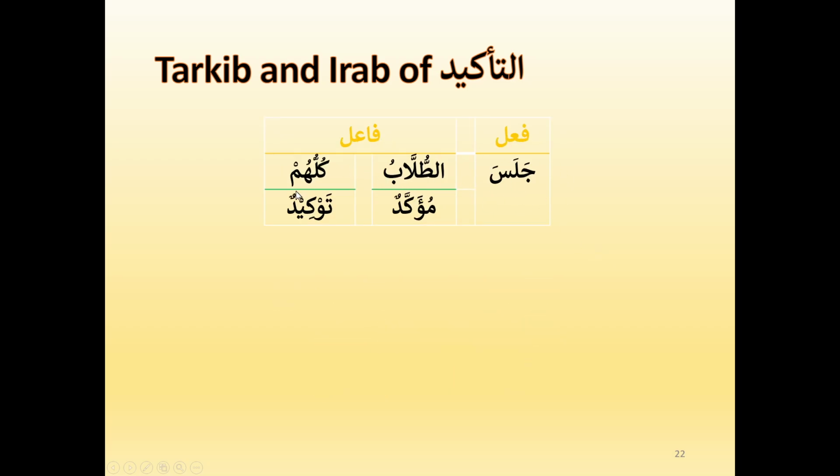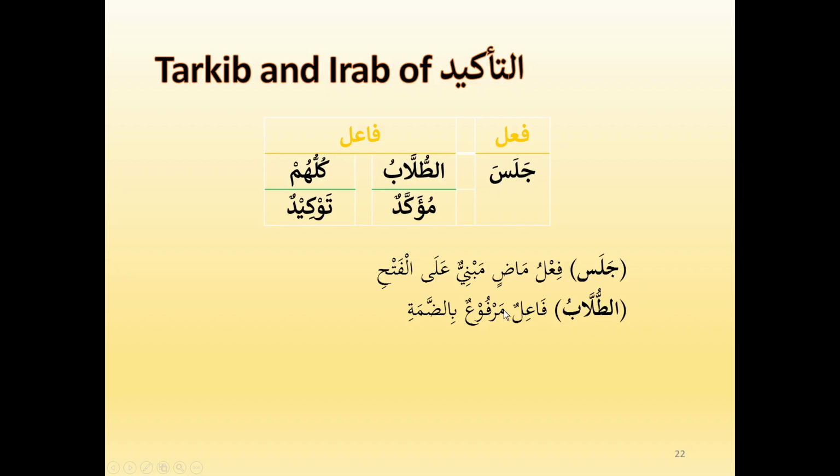When the emphasis is not the same word, at-tulabu kulluhum, all of them sat down. We are emphasizing that each and every one of them sat down. So fi'lun madin mabniyun alal fath. Here is still your fa'il. Ta'kidun ma'nawiyun.